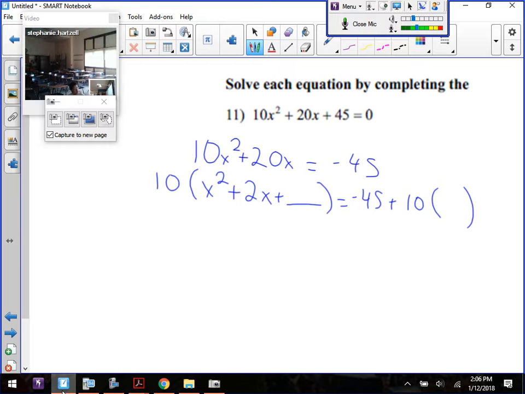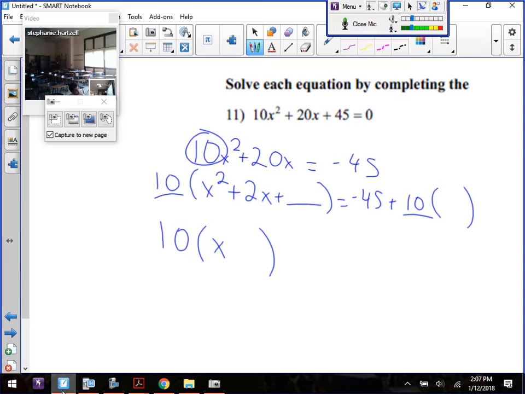So what happens here when we complete the square: you cannot complete the square if your first term isn't equal to 1. So what we do is we factor out the leading coefficient, and whatever we factor out on one side, you have to remember to put it back on the other. So now you go through the process. In order to complete the square here, we have 10. What is half of 2?